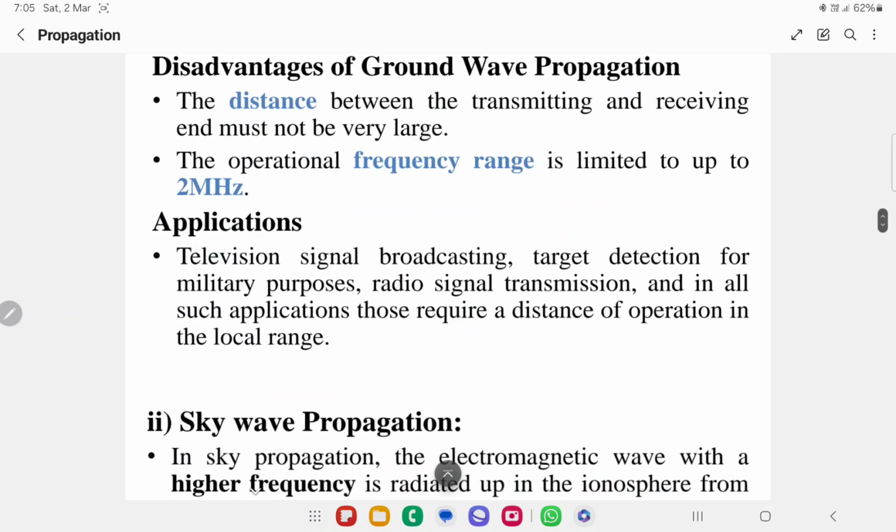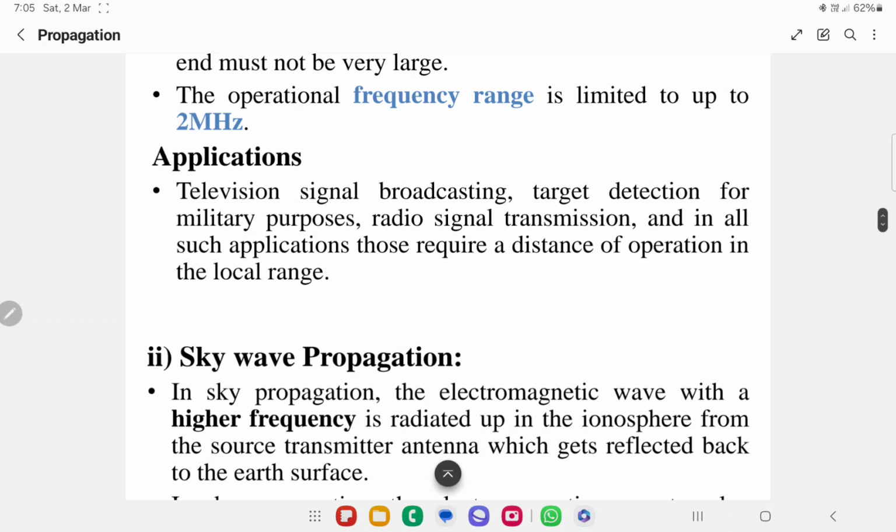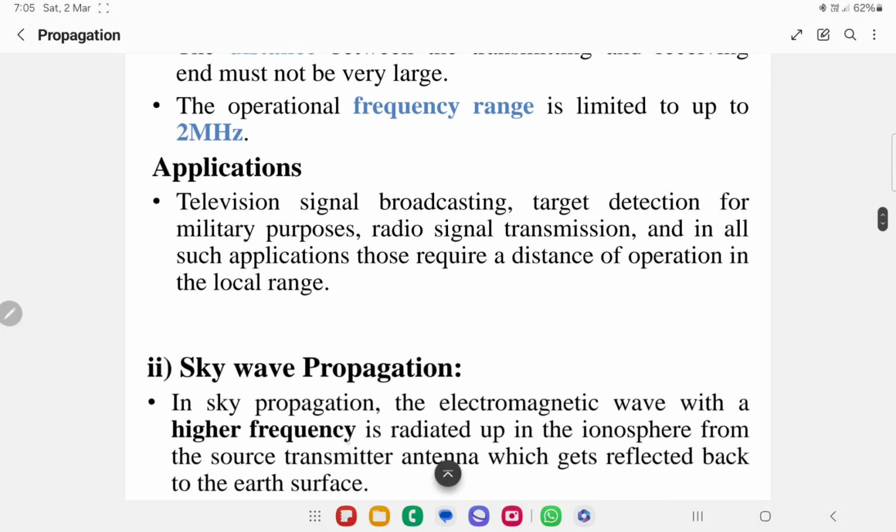Why have we said local range? Because if the distance range is higher, then definitely your signal strength or signal power should be higher, and in such case the structure of your antenna and other accessories should be larger. So that's why in the local range we generally use this one.